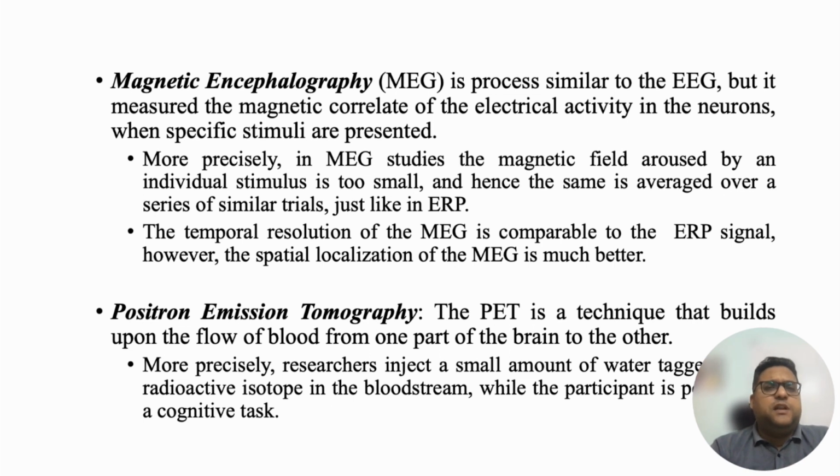Another very interesting technique, albeit slightly less favored, is called positron emission tomography. Positron emission tomography is a technique that builds upon the flow of blood from one part of the brain to the other. More precisely, researchers need to inject a small amount of water tagged with a radioactive isotope into the bloodstream while the participant is performing a cognitive task.